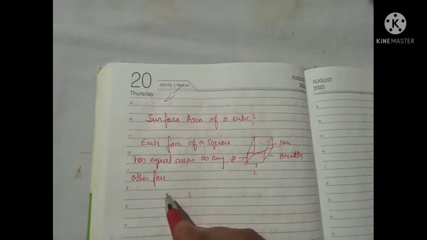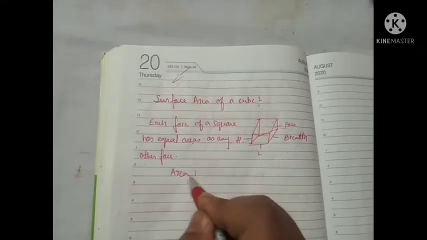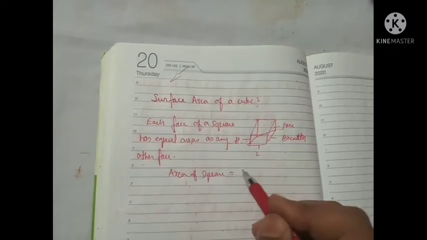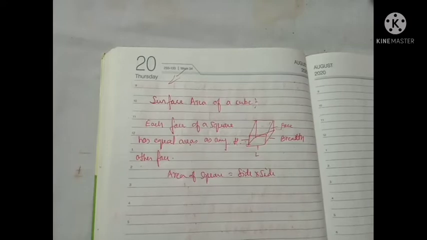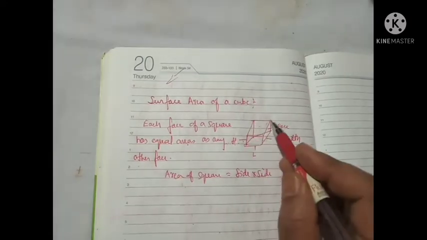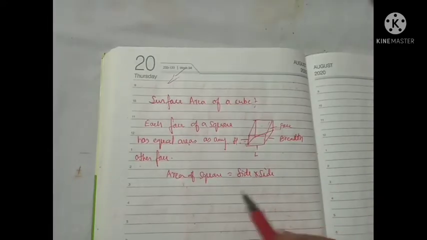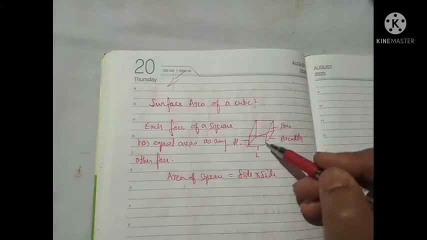So now we have to find out first the area of a square. What is the area of the square? Area of square equal to side into side. This is for one face. If we want to find out the area of only one face, then it should be side into side.